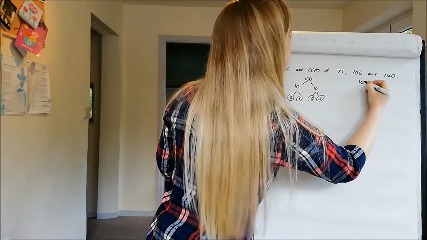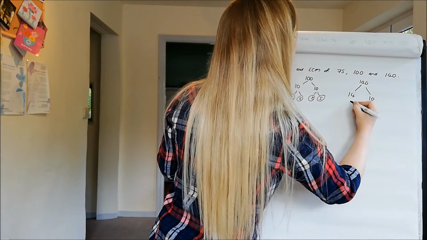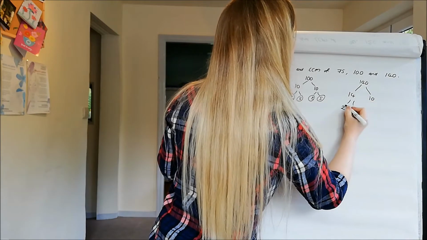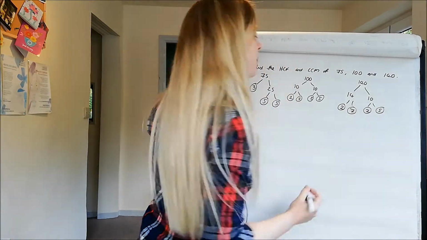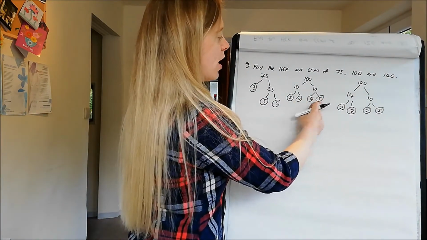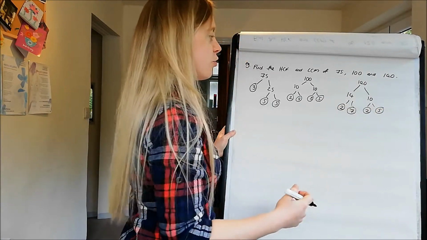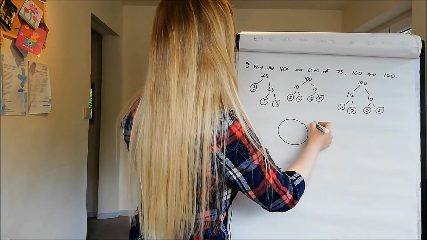And 140 breaks down into 14 times 10, which breaks down into 2 times 7 and 2 times 5. So you should have 2, 5, 2, 5 in one tree and 2, 7, 2, 5 in your other tree. Draw my three-way Venn diagram.